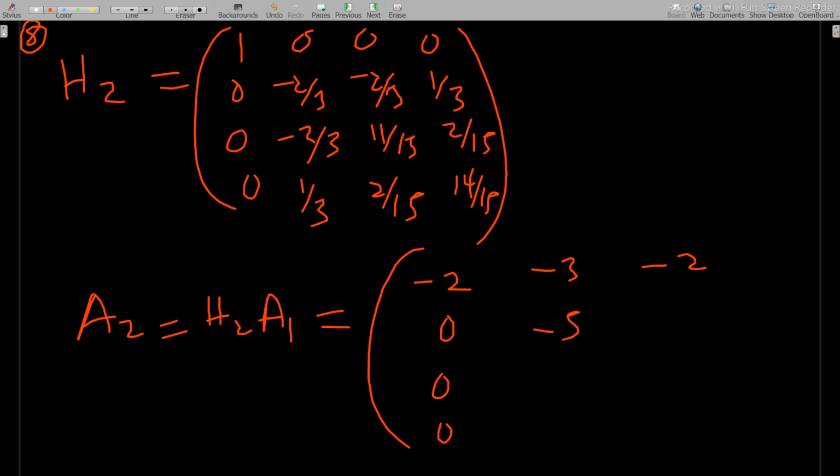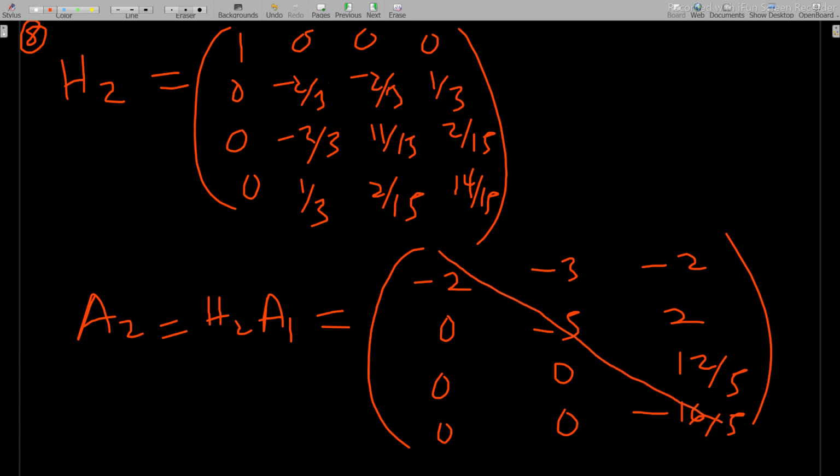Then 5, 0, 0, 2, 12 over 5, -16 over 5. Here you have an upper triangular matrix, and for an upper triangular matrix the entries below the diagonal should be 0, so it means that this part here should also be 0.